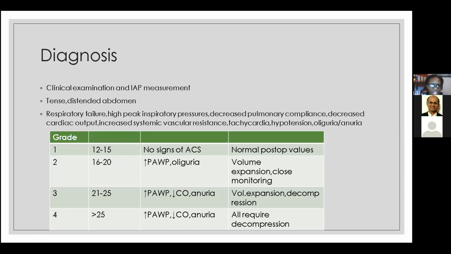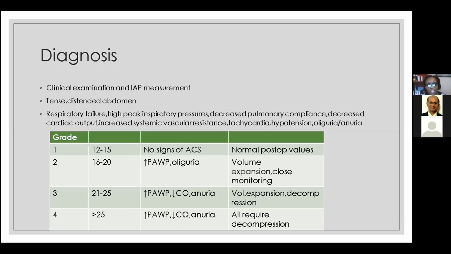Diagnosis is by clinical examination and also intra-abdominal pressure measurement. In some patients, you might find that they have a tense, distended abdomen, but the absence of this doesn't mean that a patient doesn't have abdominal compartment syndrome.